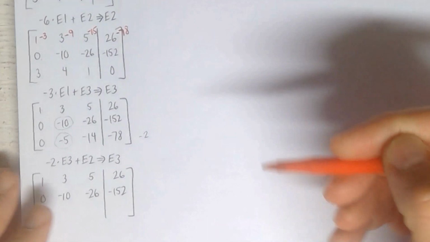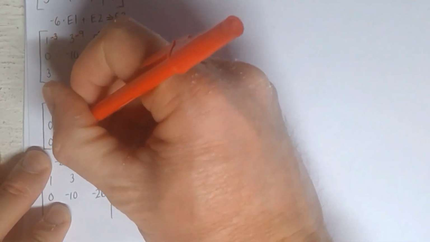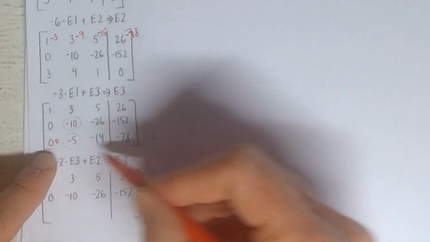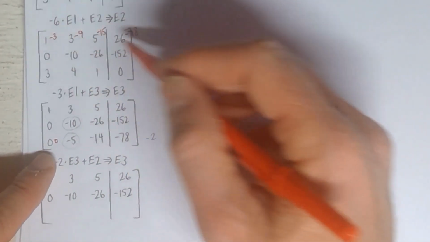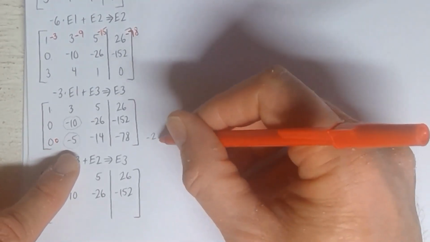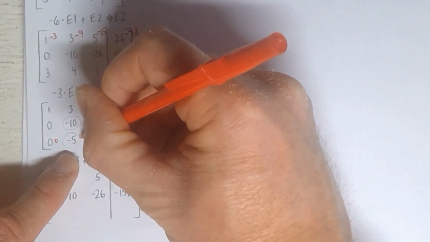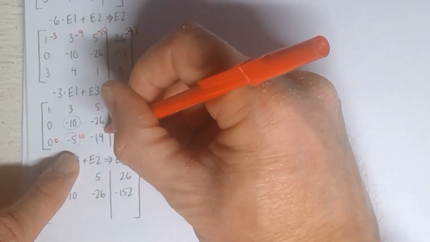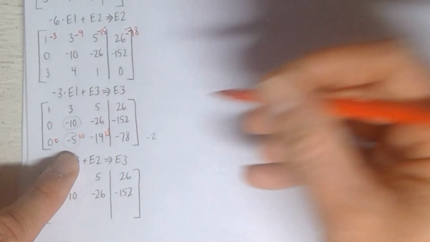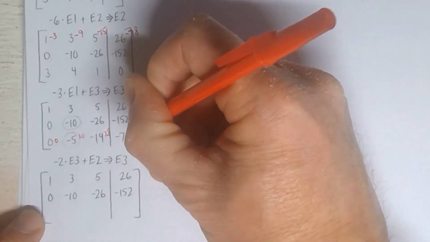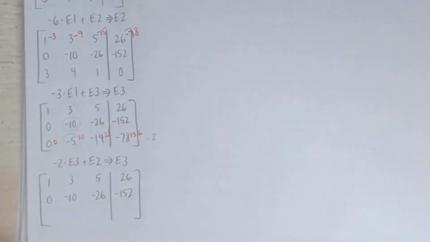So we got what here? We got 0 times -2. Again, I'm going to distribute the -2 to each number here, just like I did on the previous steps. 0 times -2 is 0. -2 times -5 is 10. -2 times -14 is 28. And -2 times -78 is 156.